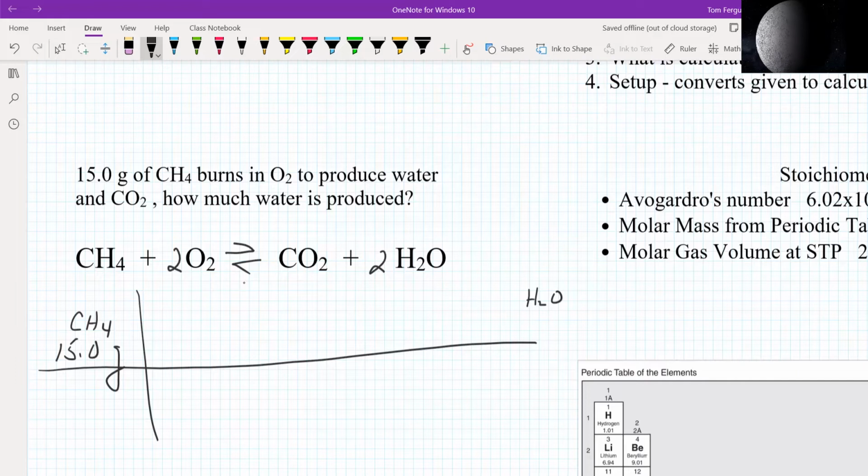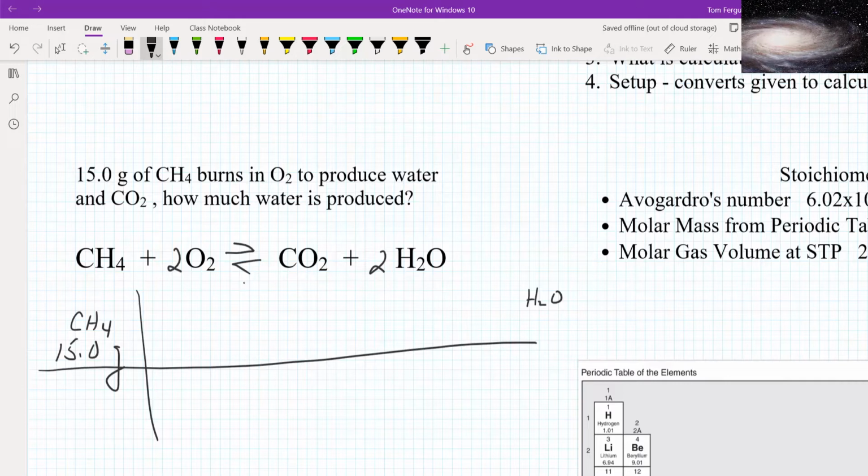So this says 1 mole of methane will react with 2 moles of oxygen, giving us 1 mole of carbon dioxide and 2 moles of water. 1 molecule, remember, mole comes from the word molecule. 1 molecule of methane combines with 2 molecules of oxygen, giving us 1 molecule, 2 molecules here. Okay, so it's not grams or number of particles.